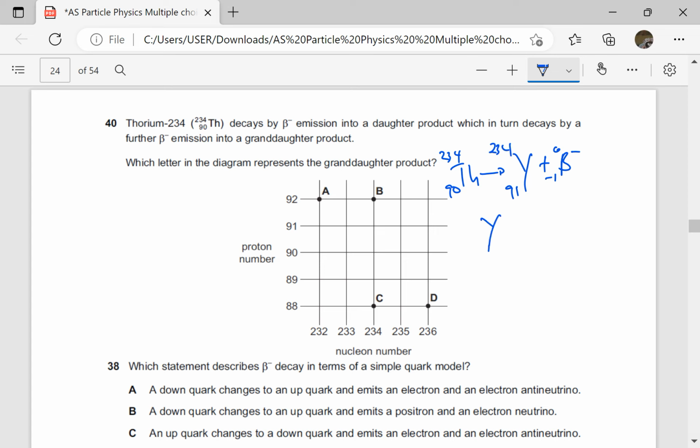Then this one, Y 234, 91, again decays to give a beta minus. Let's say it gives us X plus beta minus again. So this remains 234, and this will be now 92. So the answer should not be C and D, because proton number should be 92. But now, how about the nucleon number? We have seen the nucleon number will be 234. So the answer is going to be B.